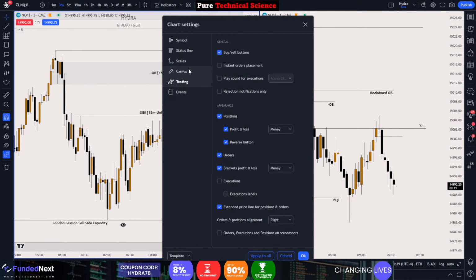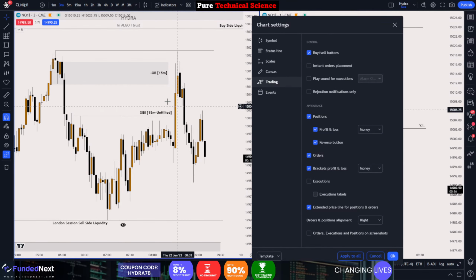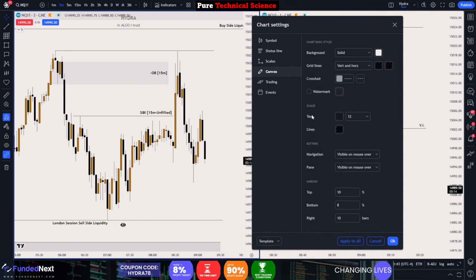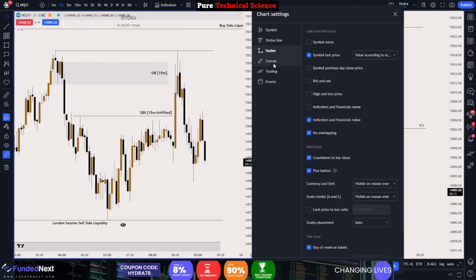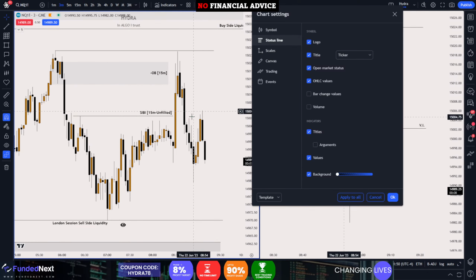To toggle on the, I know what you were talking about, let me see if I have that. I don't really use it because I like my charts clean. Where is it?